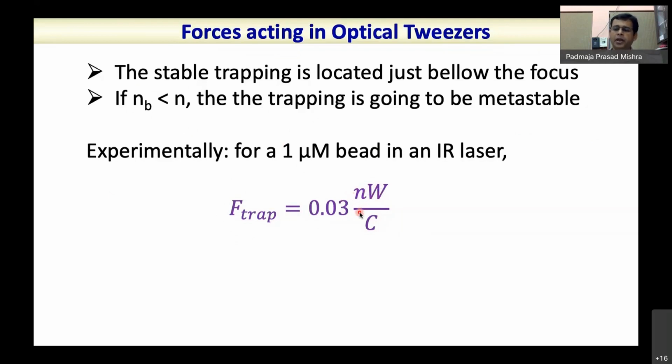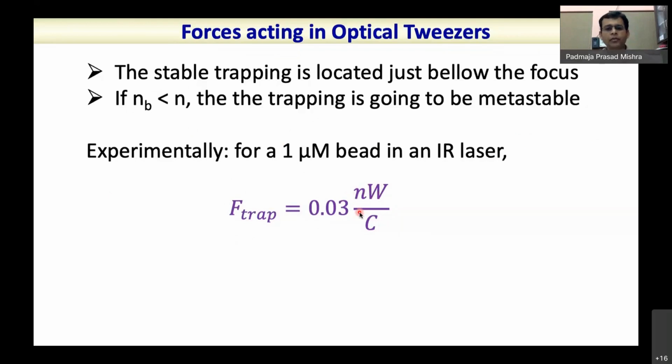That eventually indicates that the more the power of the laser, the higher the trapping force is, or technically it is called the stiffness of trapping. The stiffness of trapping is higher.